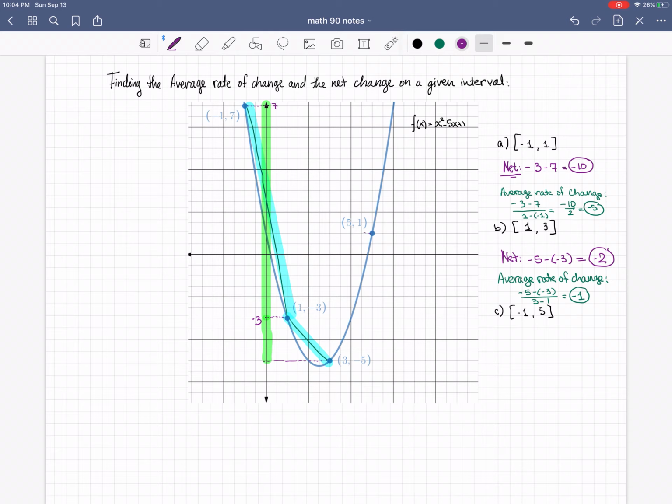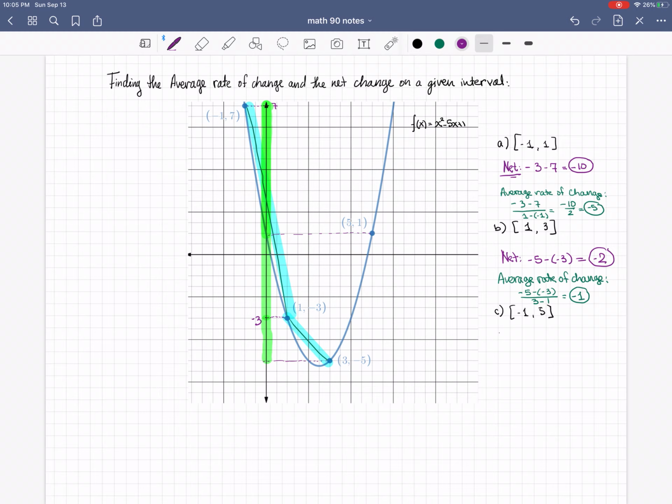So if you're looking at the change in the output, it is from 7 down to 1. And clearly you can see that this is a decline by 6 units.